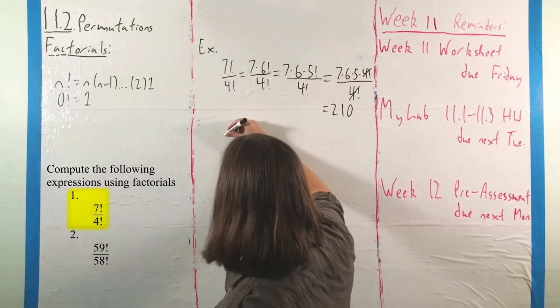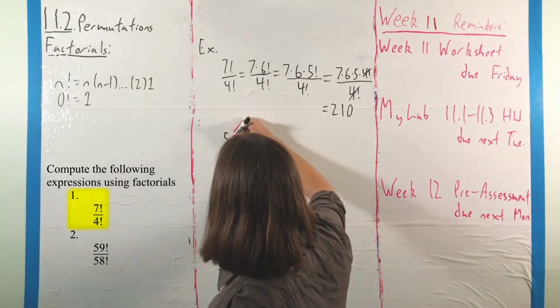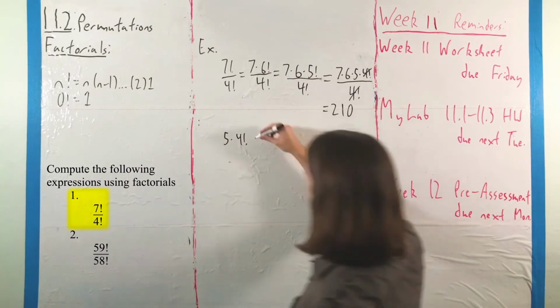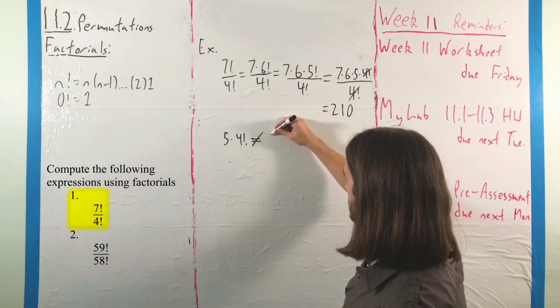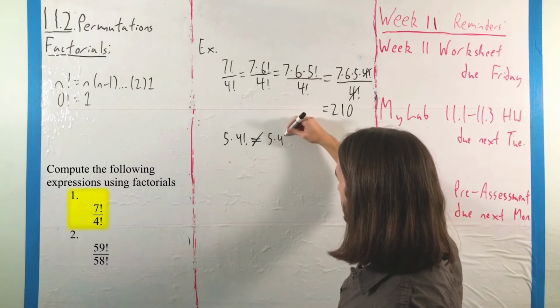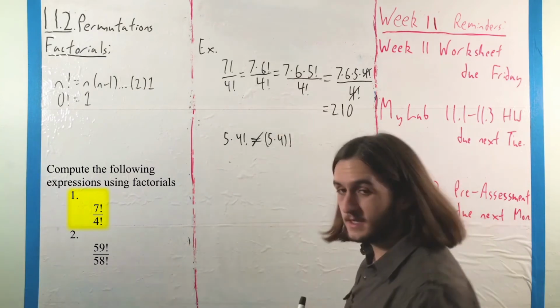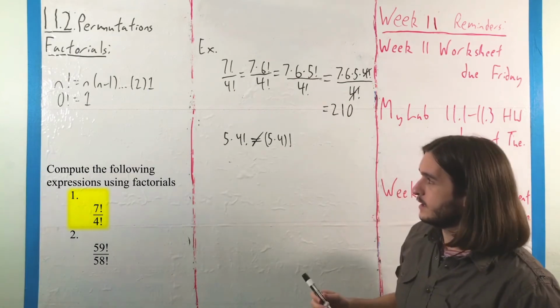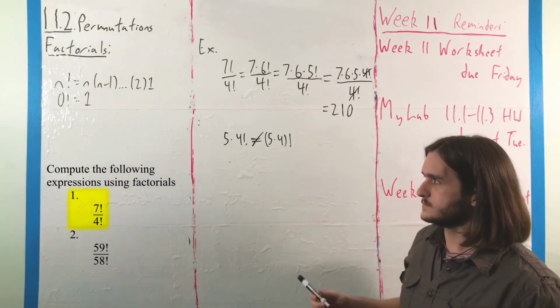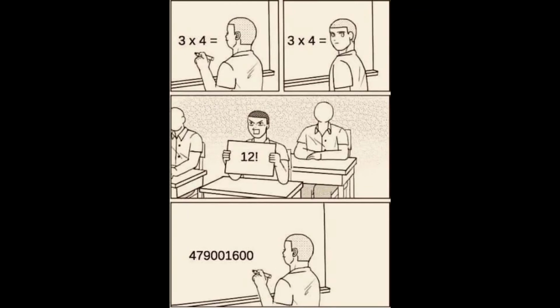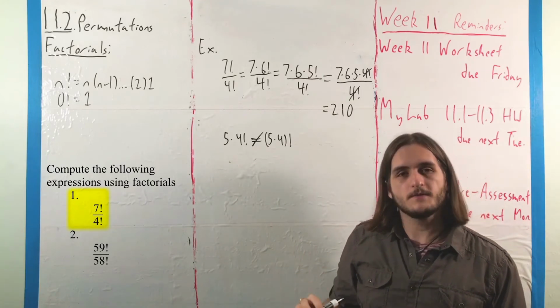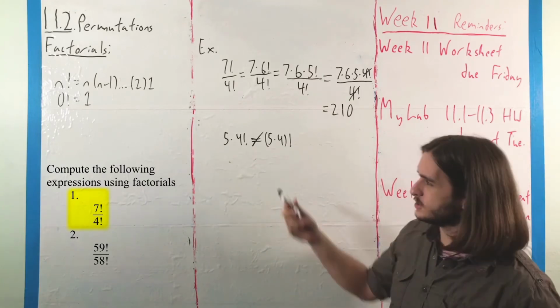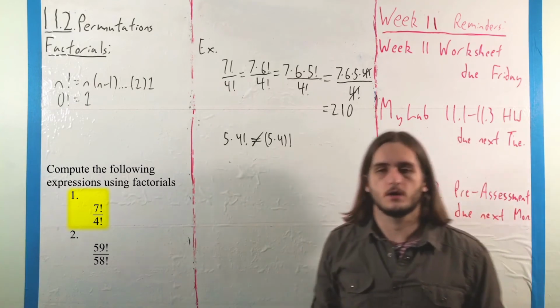Now there is one very important thing I should mention with this type of algebra in particular. That is, 5 times 4 factorial is most definitely not equal to 5 times 4 quantity factorial. When it comes to factorials, these terms grow incredibly quickly, and multiplying things and then taking the factorial throws off the order of operations and gets you a much, much larger number.